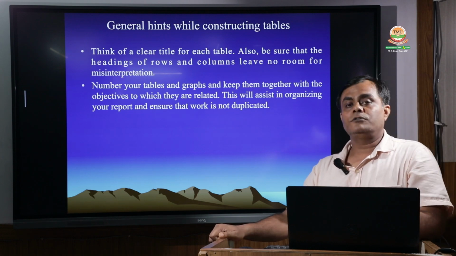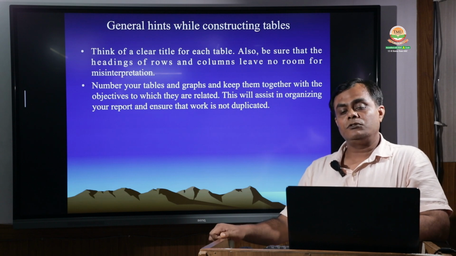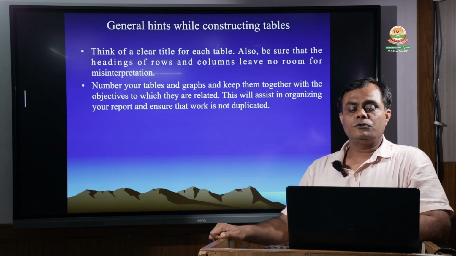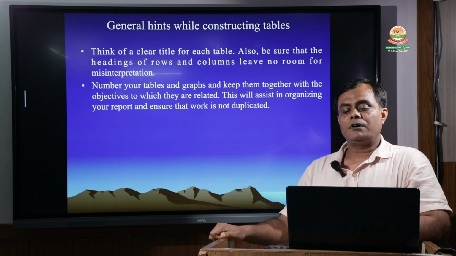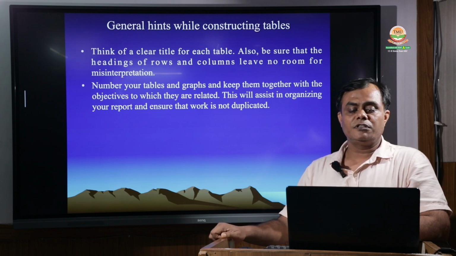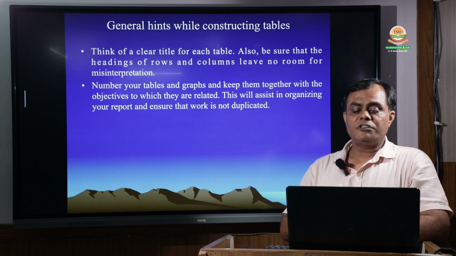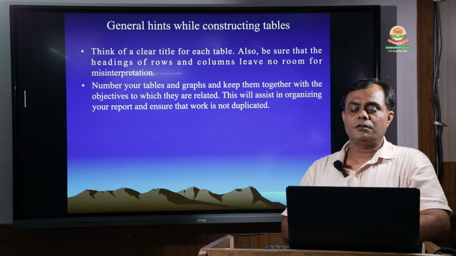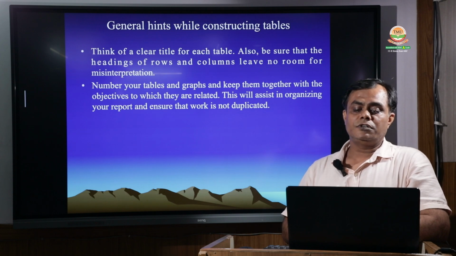So go through carefully to ensure that no row and no column has any room for misinterpretation. The next point is to number your tables and graphs and keep them together with the objects to which they are related. This will assist in organizing your report and ensure that work is not duplicated.